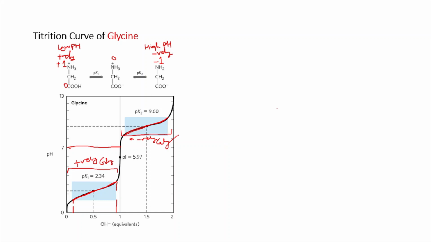In these two regions there is a very small increase in pH in comparison to the huge amount of base added. So one thing that questions are asked about: if you have an amino acid whose pI value is given, and the given pH is less than pI, then the positively charged form of the amino acid prevails.